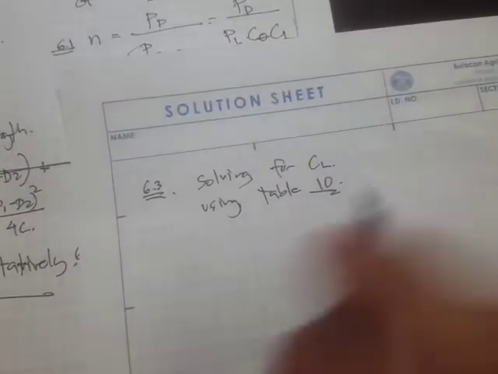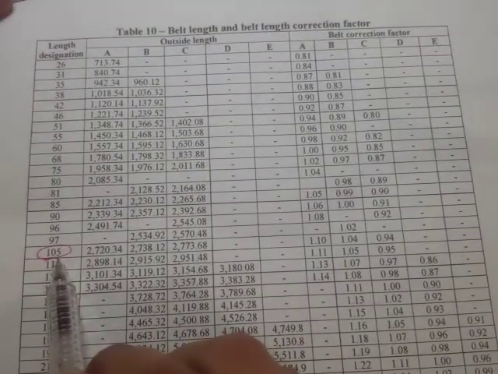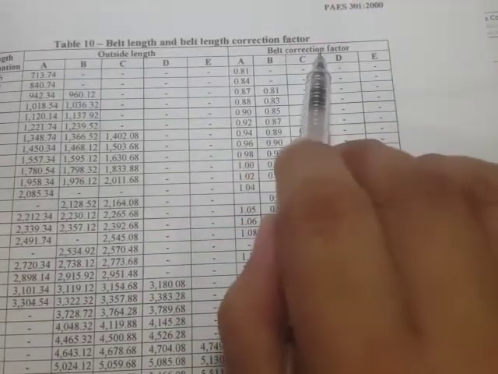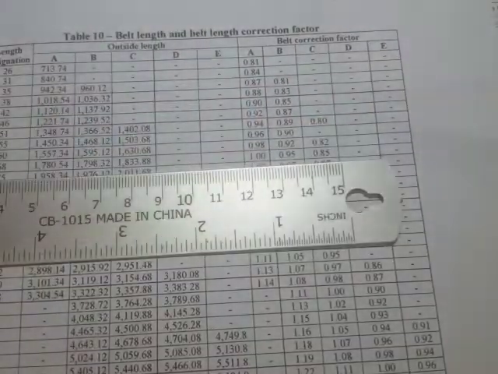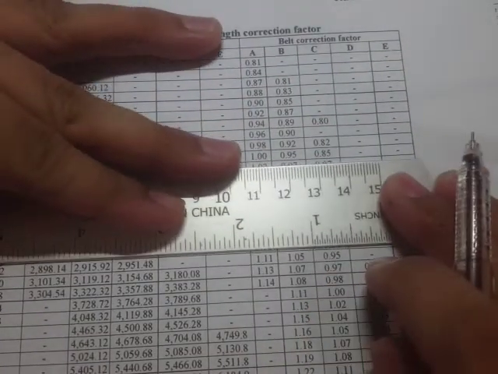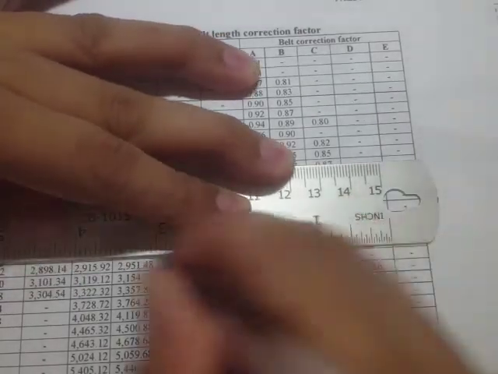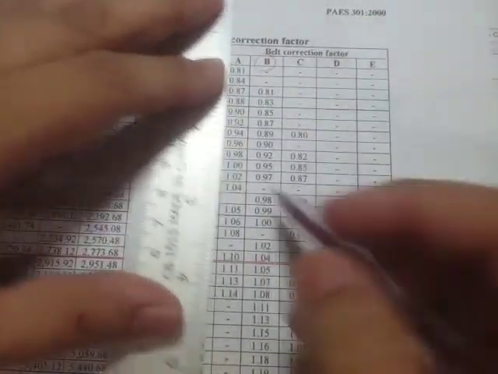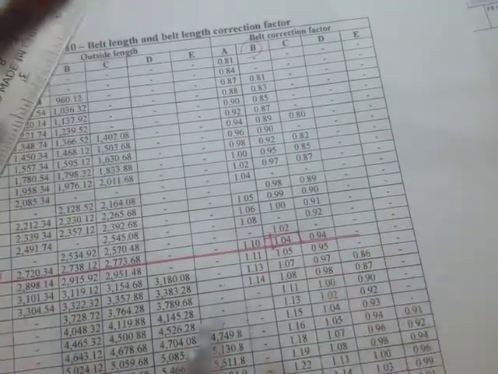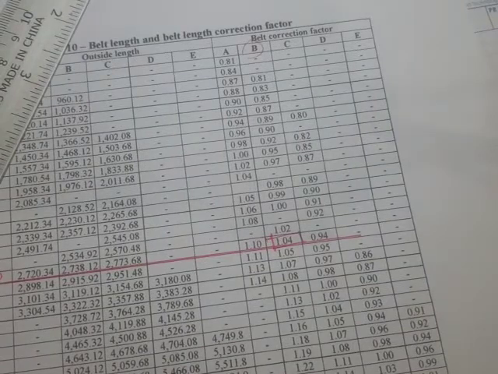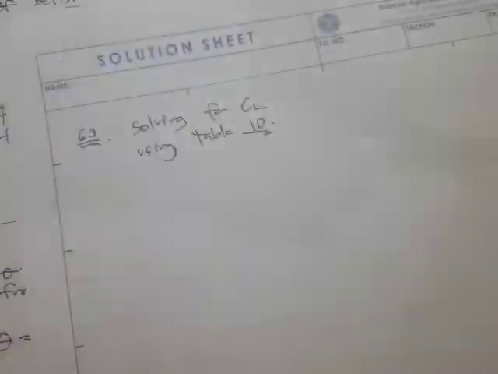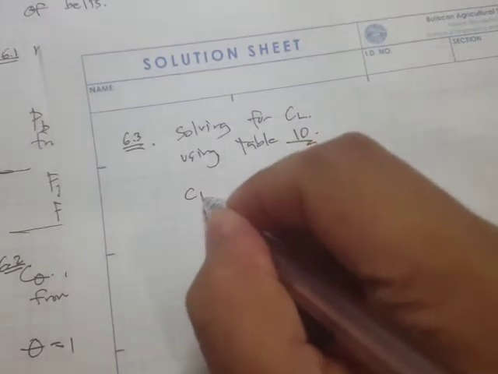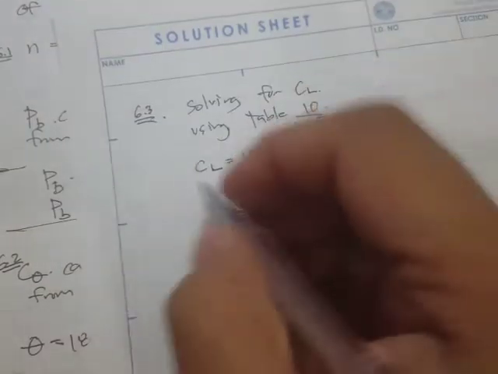Okay, so right here's our table 10, and here's our belt length, right? This is the 105, and right here's the belt correction factor. Okay, and we have this type B, and therefore it's gonna be this value. This is 1.04. Okay, so C sub L is equal to 1.04.